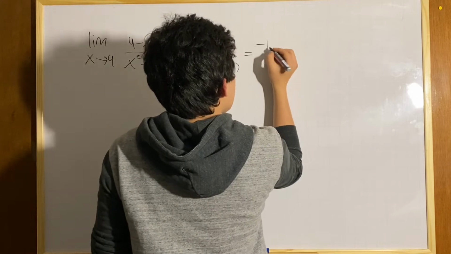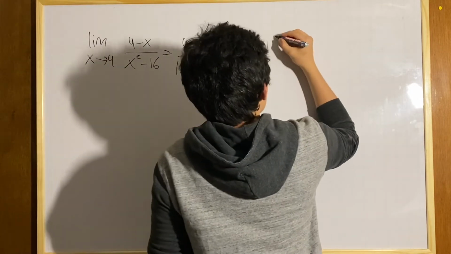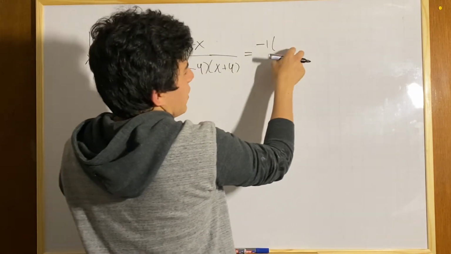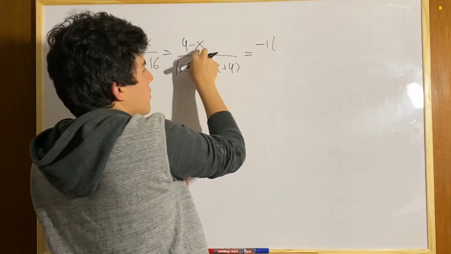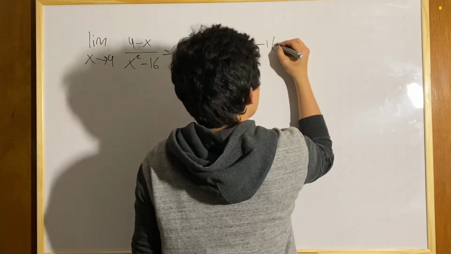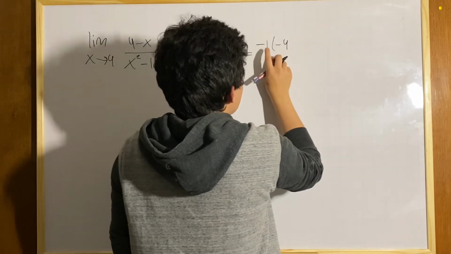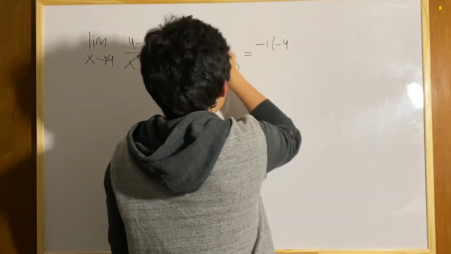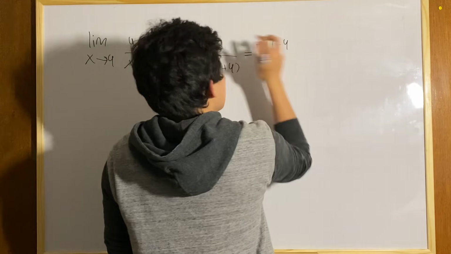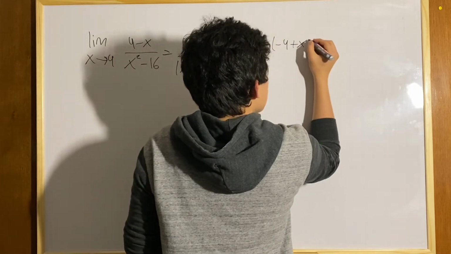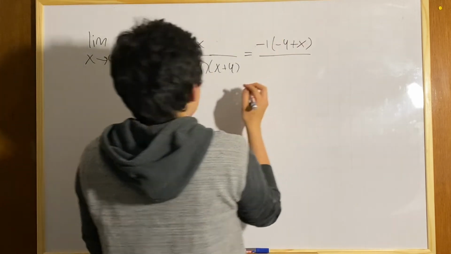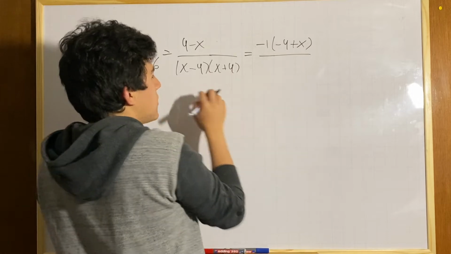If we take out minus 1 from here, what do we need to go back to this expression? Well, we know that would be minus 4, because minus 1 times minus 4 would give you positive 4, minus x, so that would be plus x, over... now you see how cool this is.